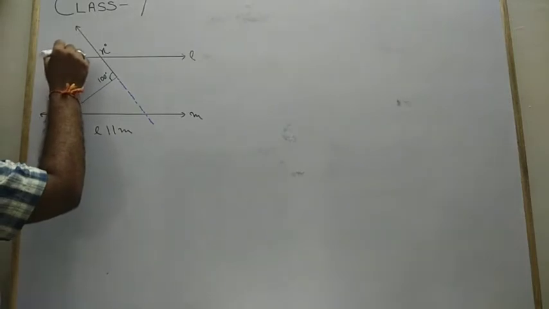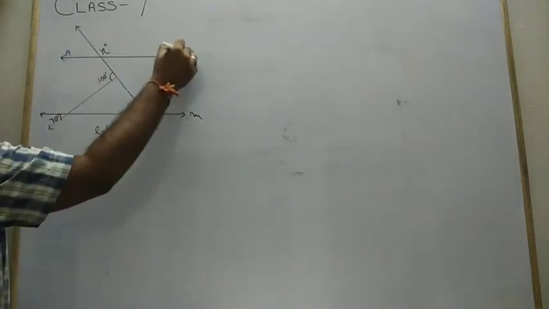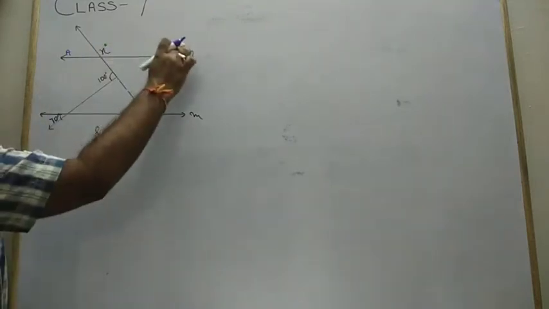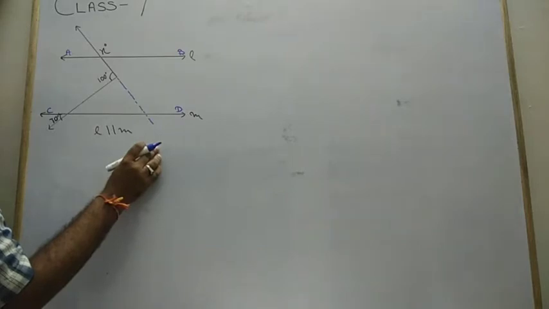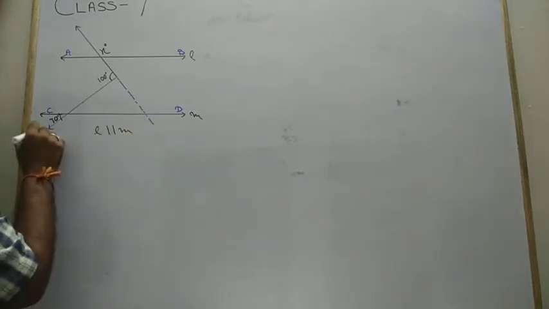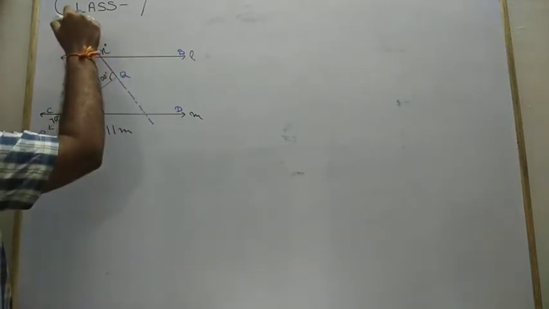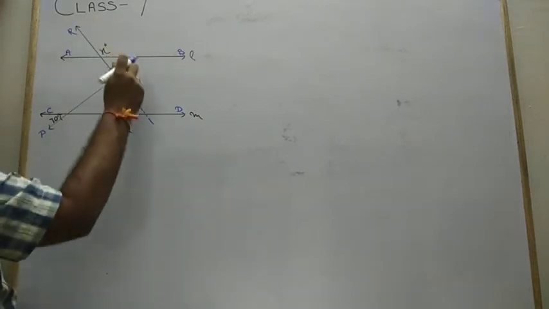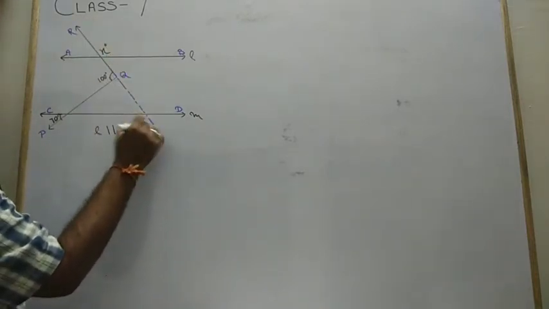Suppose this is your line A, B, and this is C, D. This one is P, Q, this one R, Q, and S. This point is your S.